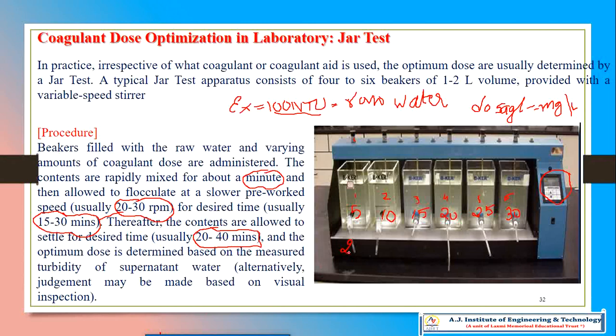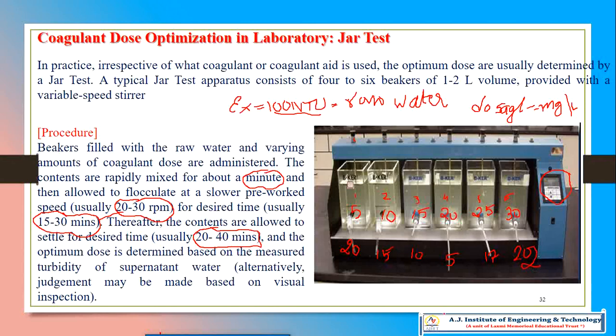The second beaker it will reduce to 15. The third beaker it will reduce to 10, and then to 5. Then again it will rise to 13 or 17, and again to 20 or 22, whatever it may be.